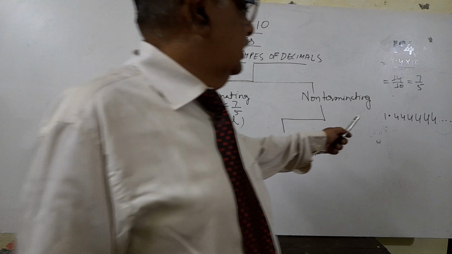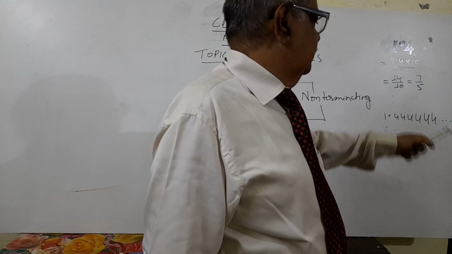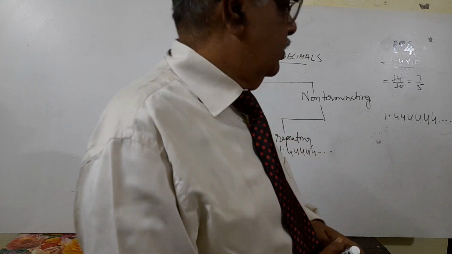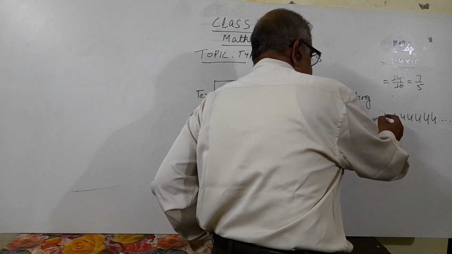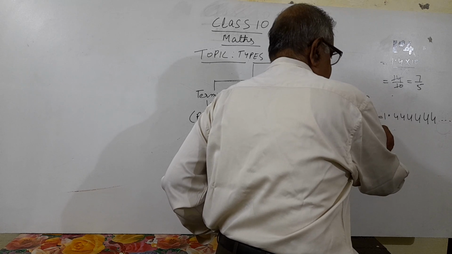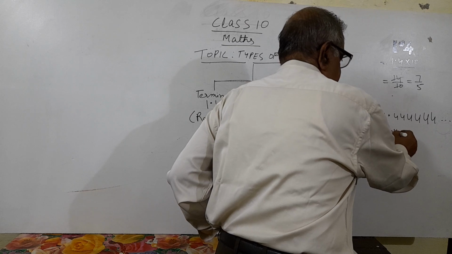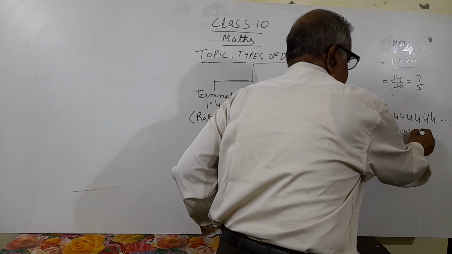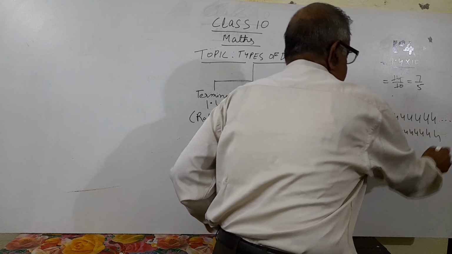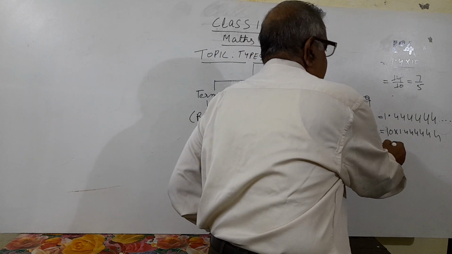Now the question is whether a non-terminating repeating decimal is rational or not. Let us see. Let me put it as x. Let me multiply both sides by 10. This becomes 10x.